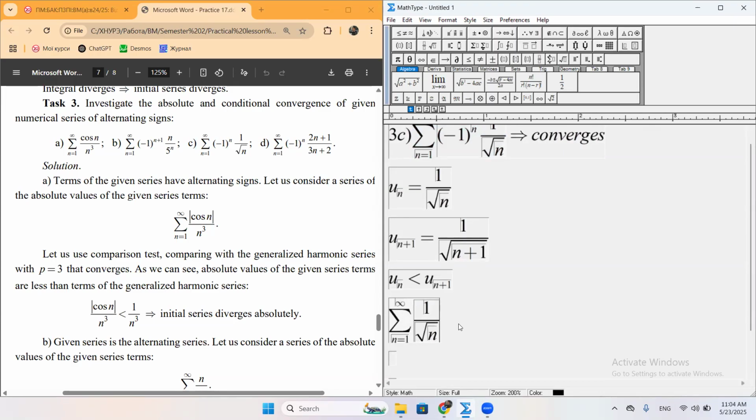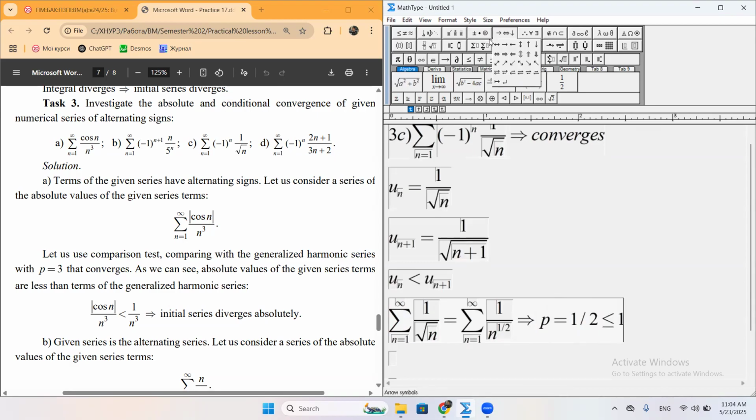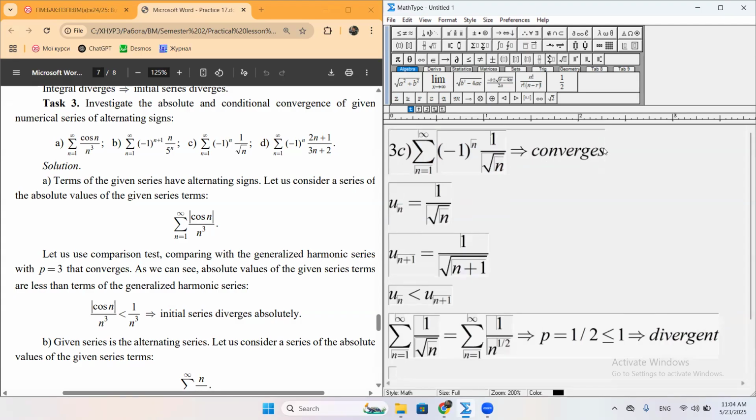Actually, we have the generalized harmonic series with the power of 1 over 2, and it is less than or equal to 1. So this series is divergent. It means that the initial series converges conditionally.